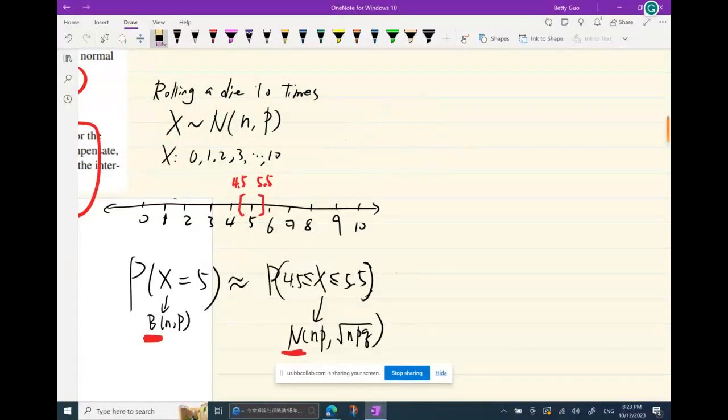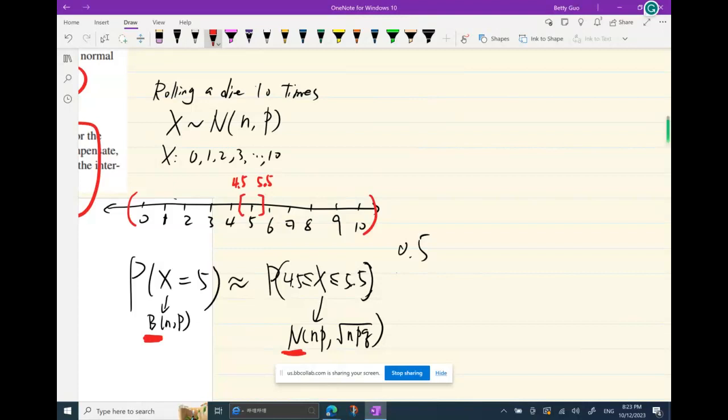So you have to adjust that to an interval. The way we adjust it is to use 0.5. From 5, go to the left 0.5 and to the right 0.5, and we use the interval 4.5 to 5.5. We do the same thing to all the values that x assumes. Then we have the whole interval from negative 0.5 all the way to 10.5, and we can use the normal distribution to approximate it.